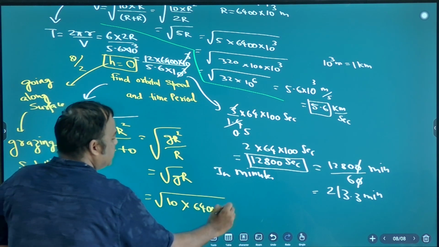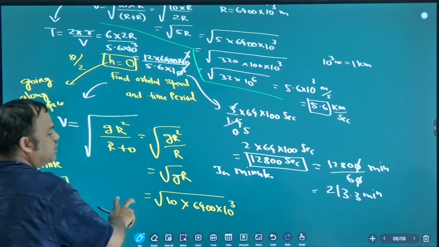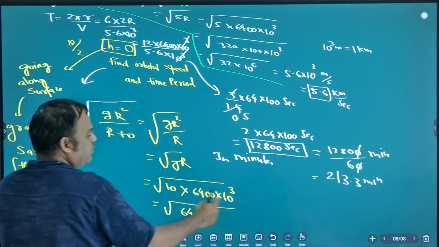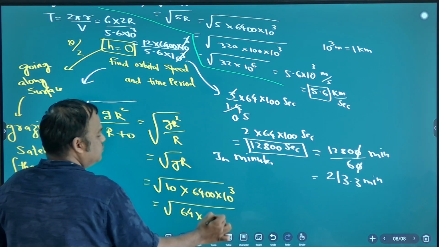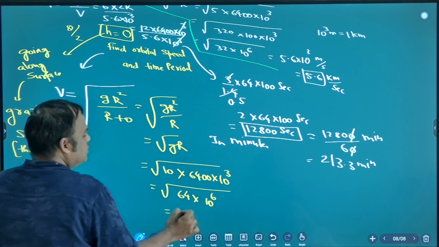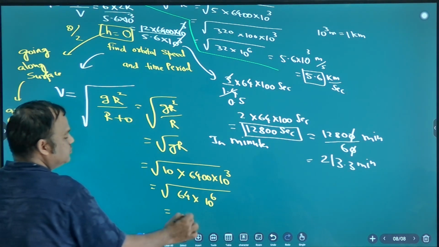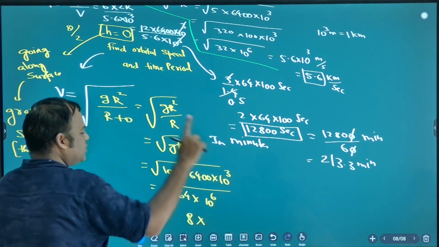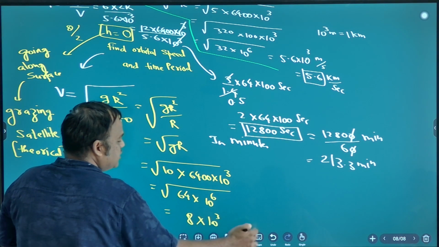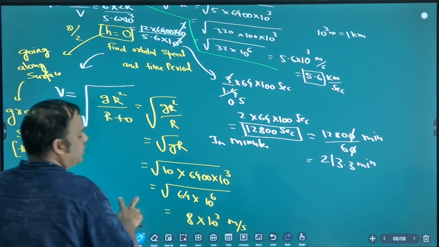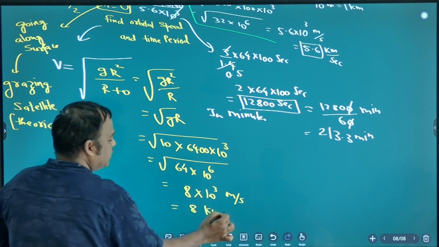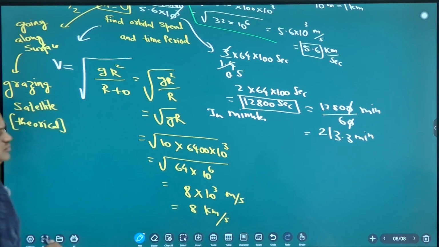Kilometer into meter is 10 power 3. So this is square root of 64 times 10 power 6. Square root of 64 is 8, square root of 10 power 6 is 10 power 3. The unit is meter per second. 10 power 3 meter means kilometer. So 8 kilometer per second.